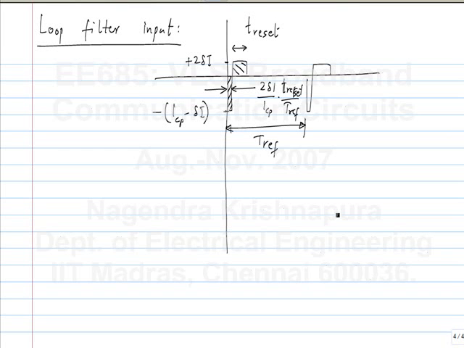In this case also there is reference feed through, but is it comparable to that with the type 1 PLL, or is it less, is it more? It will be much smaller. Why? Firstly, the width is small and the amplitude is small. The amplitude is small and the duration is small, right?